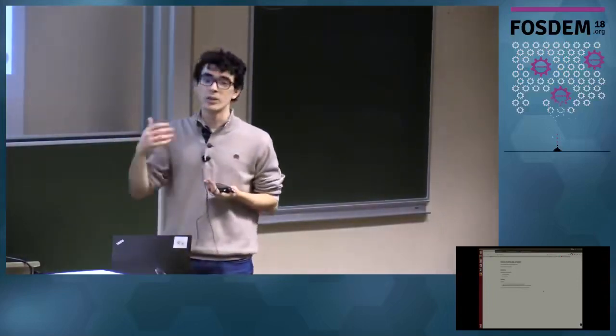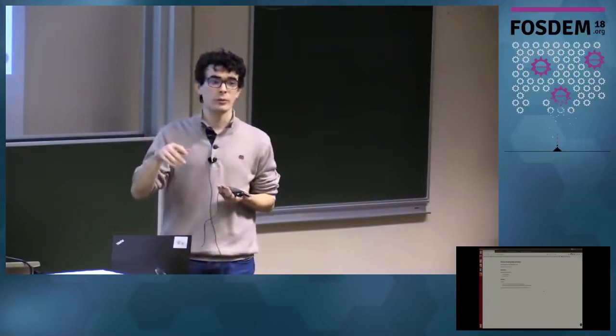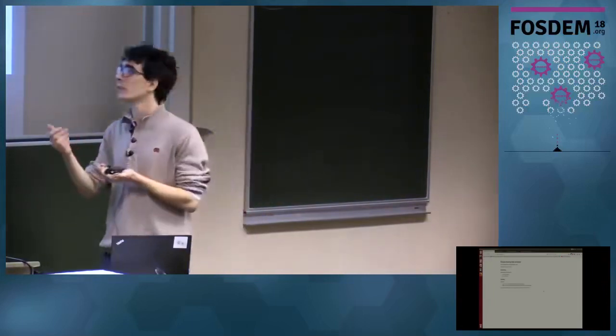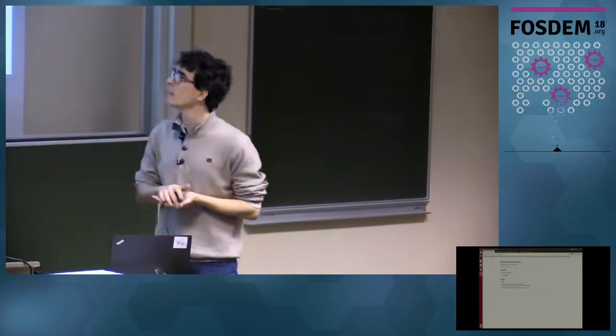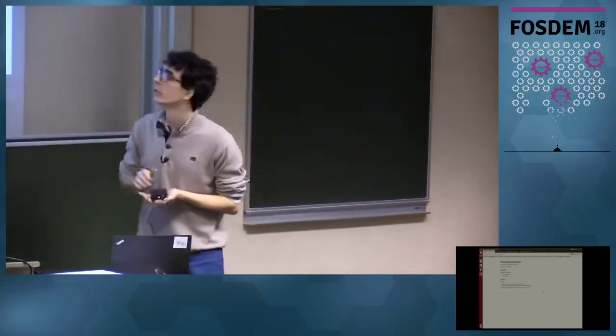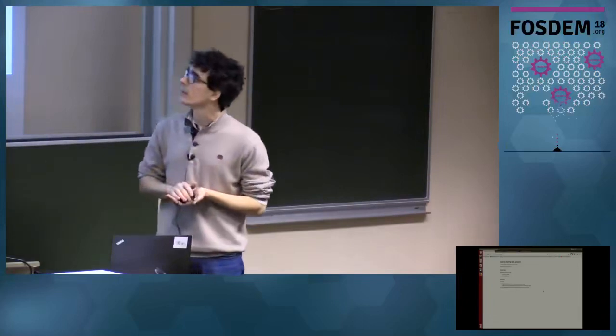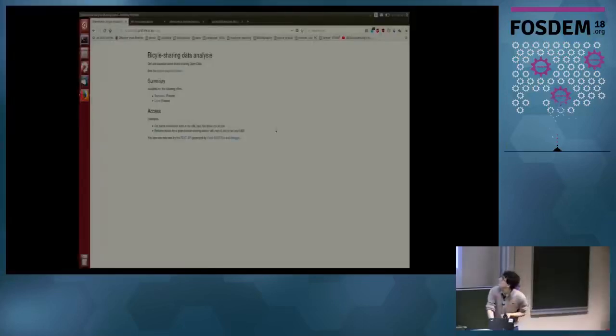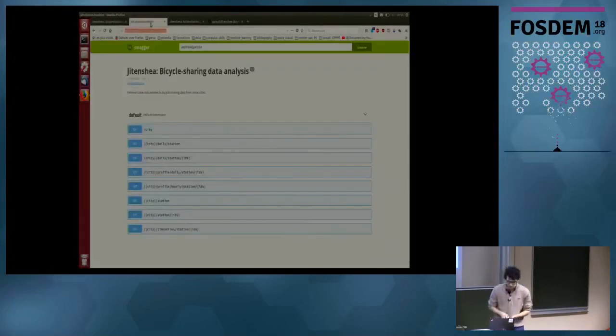We can imagine gathering more data from more cities to add them to the API. There is a project on GitHub. I will give you the address at the end. And there is a documentation. It's not really a documentation, it's more a way to get some data in JSON format.